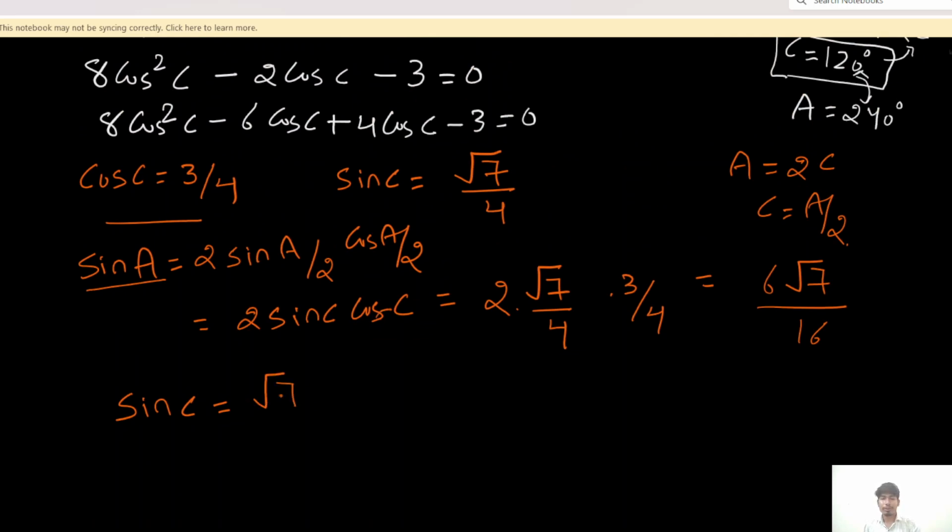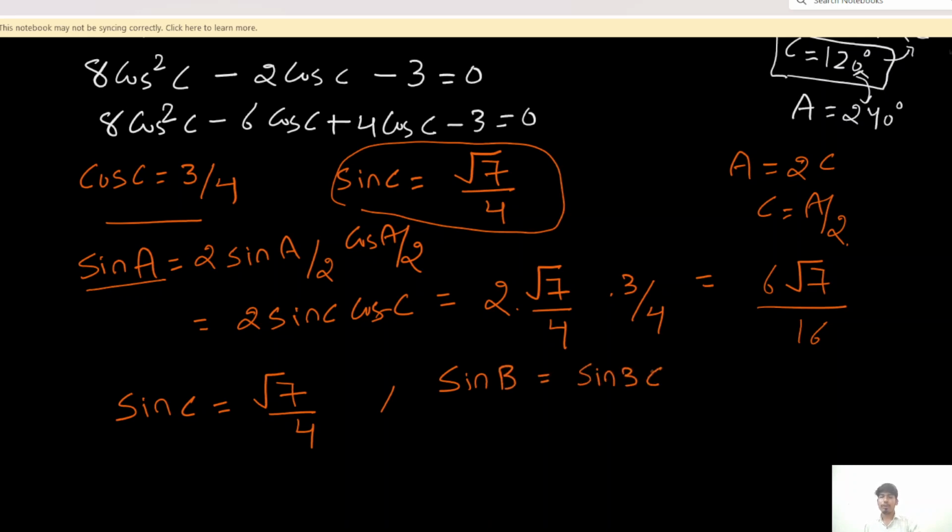This is root 7 upon 4. We have already found sine C. And what is the value of sine B? We know sine B is sine 3c. Then this becomes 3 sine c minus 4 sine cube c. If we put the value sine c is root 7 upon 4, then this becomes 5 root 7 upon 16.